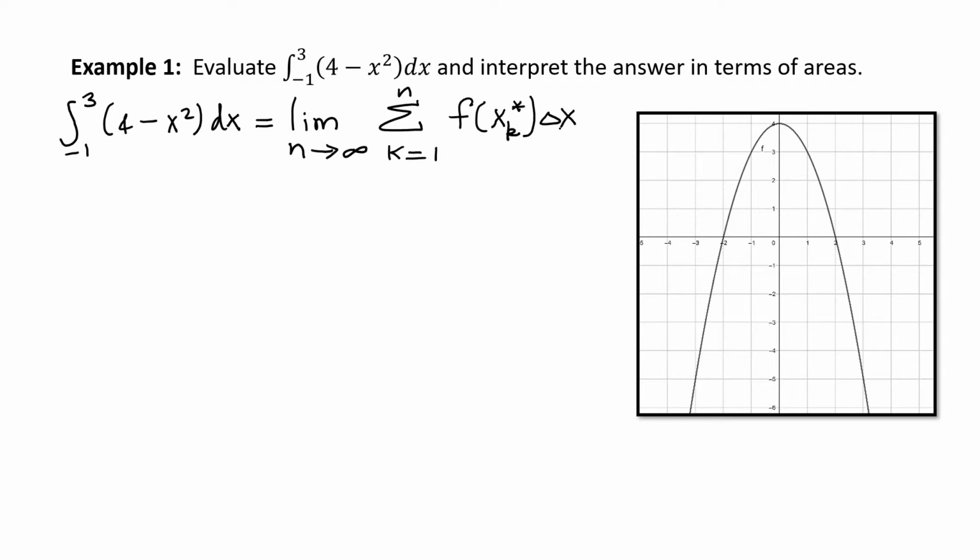Before we proceed, let's get a visual of what this area is going to look like.